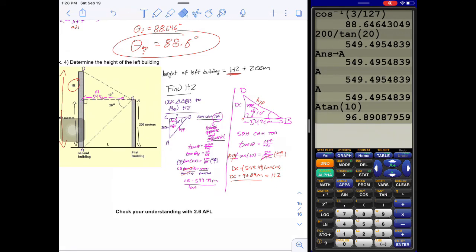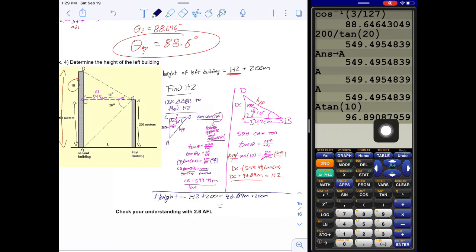So our final answer, height of building, height equals H2 plus 200, which will be 96.89, and we're going to use the non-rounded value, meters, plus 200 meters.